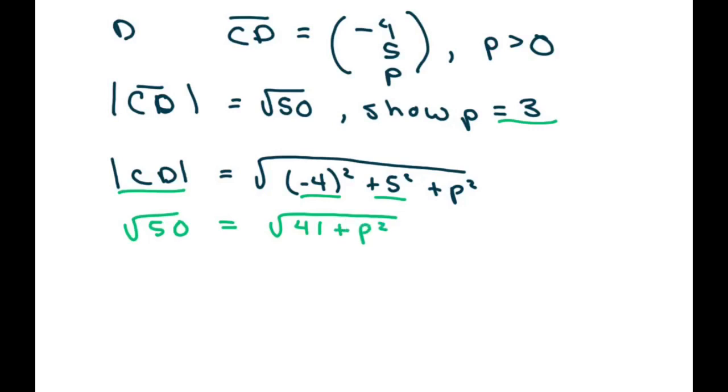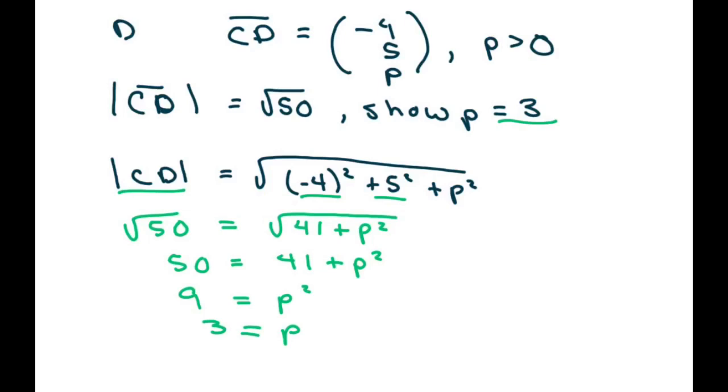When you square both sides, you get 50 equals 41 plus p squared. You subtract 41 from both sides, and you get 9 equals p squared. So p equals 3.